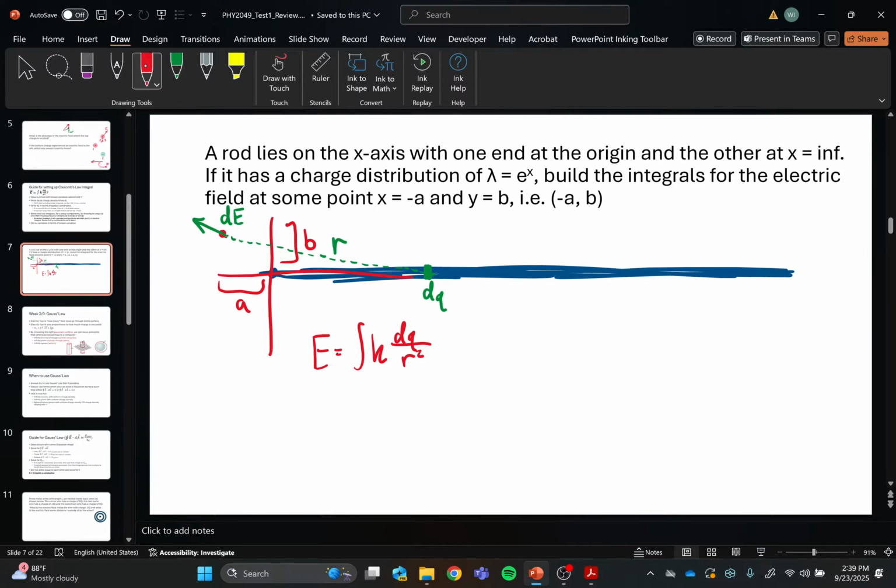Close, you're getting there. I don't know if it has to be that. Yes, this side of the triangle is x.